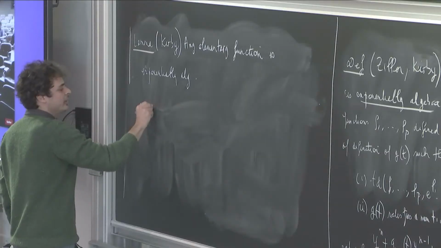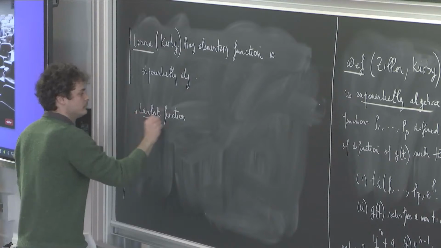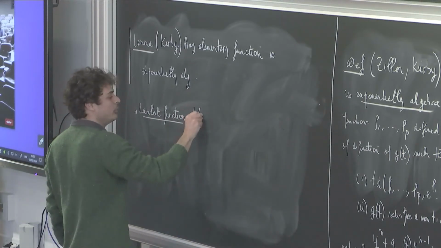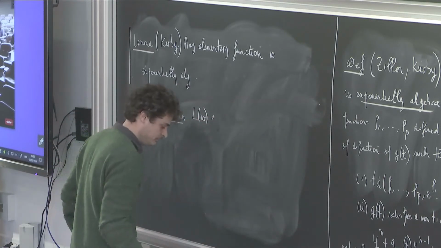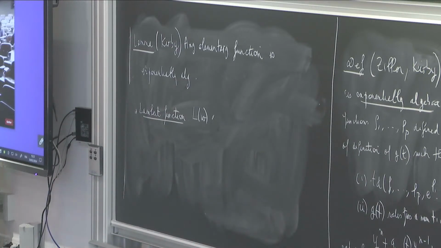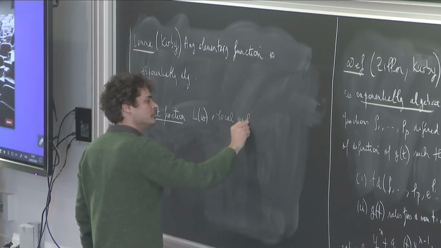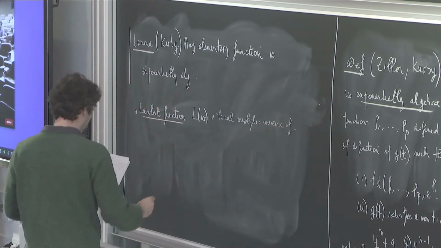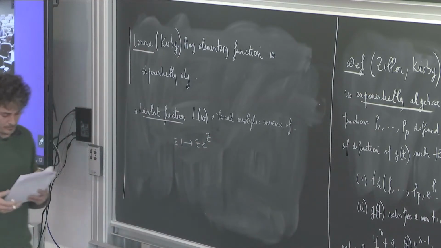So here is another example, which is called the Lambert function. Okay. And which is, so L of W, a local analytic inverse of the function which maps z to z e to the power z.